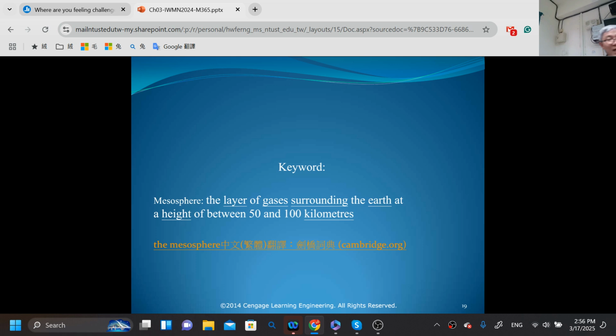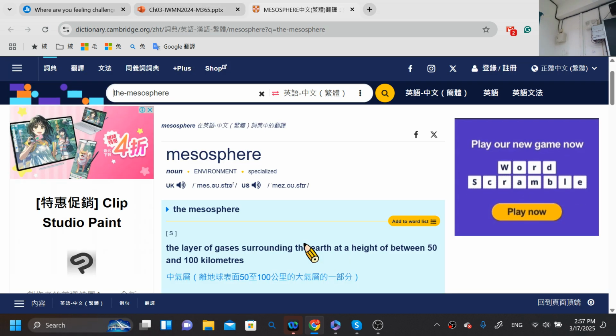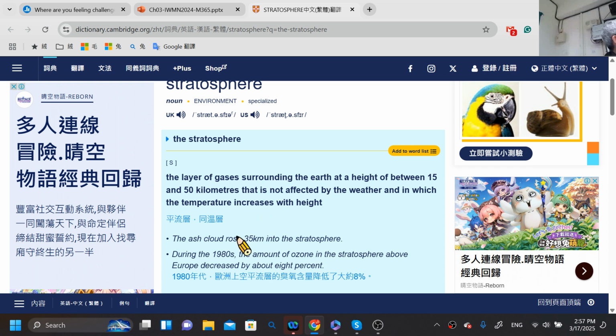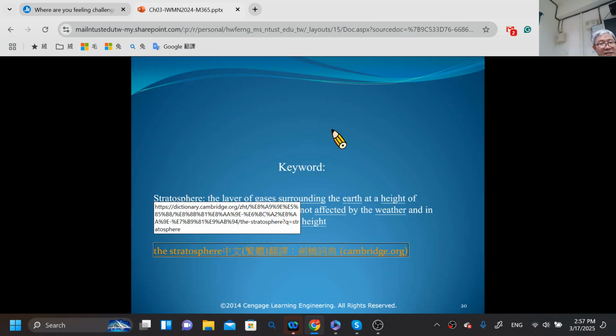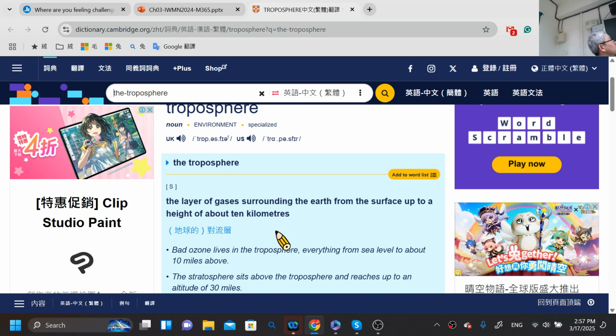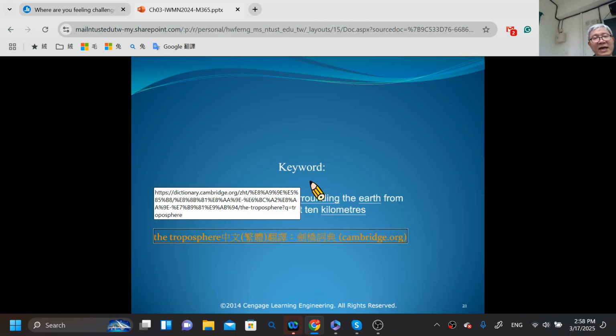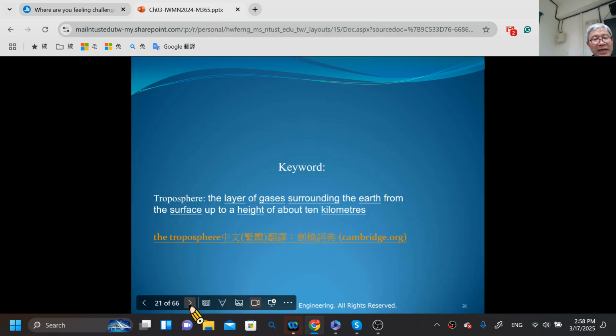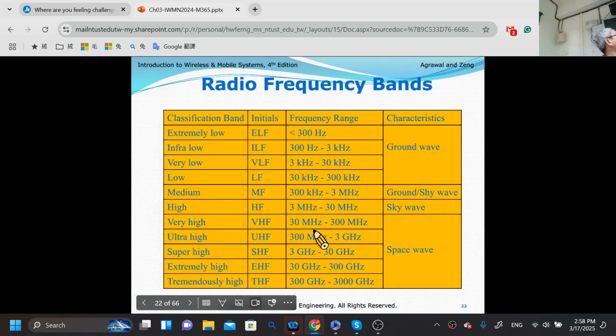Mesosphere, this one. Stratosphere. And finally this one here. So we have different layers, and based on the different layer, we will have different mechanisms to transmit the EM waves. So I don't have all of this, and then we can go to the next one.